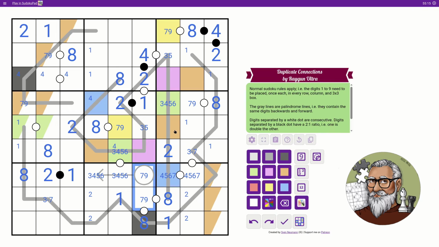Right. Well, this one isn't 7 or 9. Right? Can't be 4 either. 3, 5, or 6, because 7 and 9 are gone here.